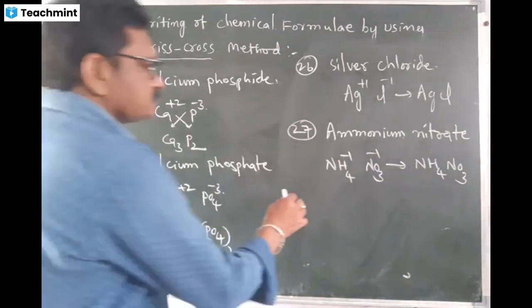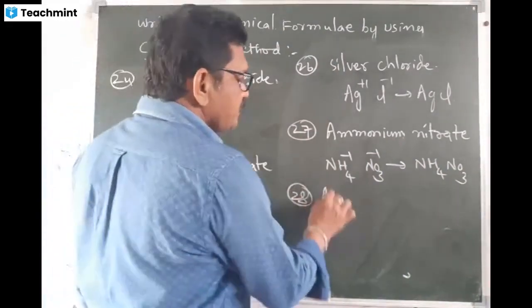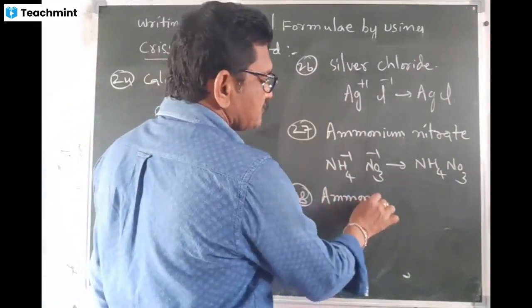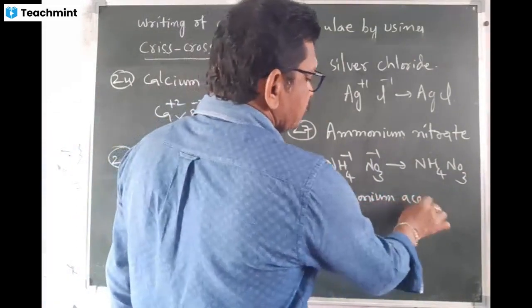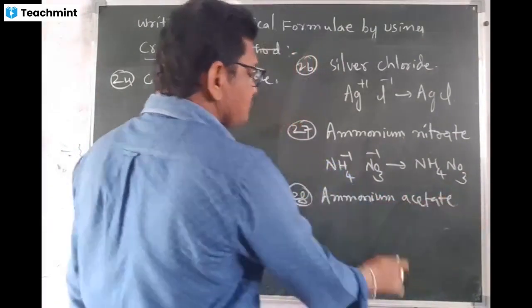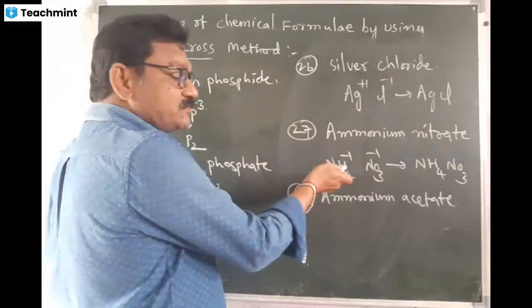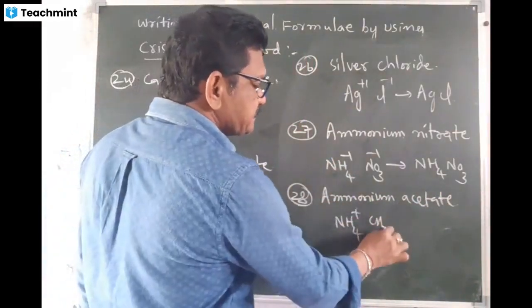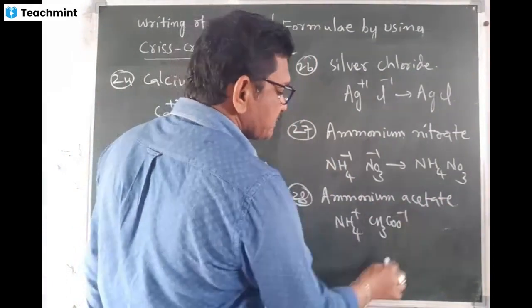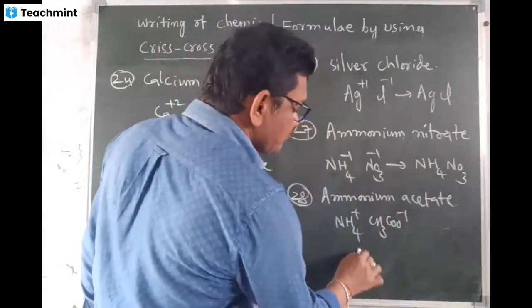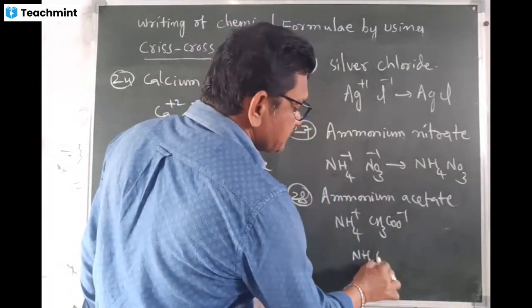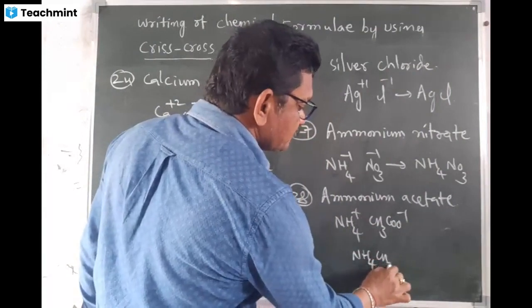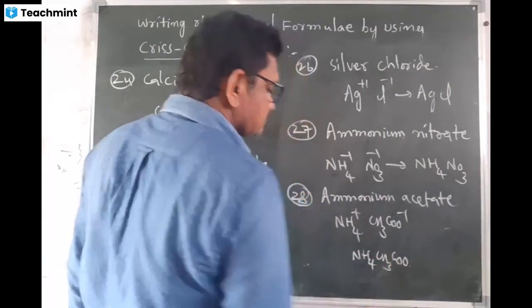Okay. Then ammonium acetate. You know the ammonium charge. Just now we wrote it. Ammonium means NH4 plus 1. Acetate means CH3COO minus 1. Then the formula becomes NH4CH3COO. That's all.